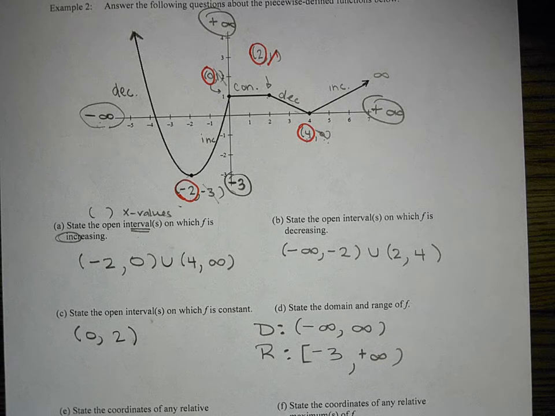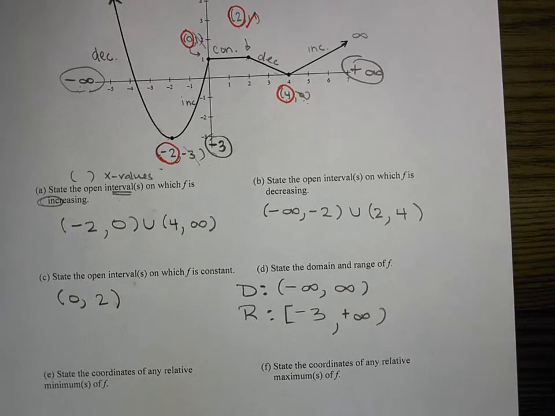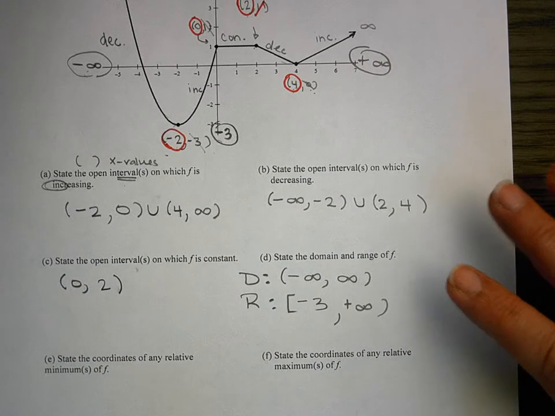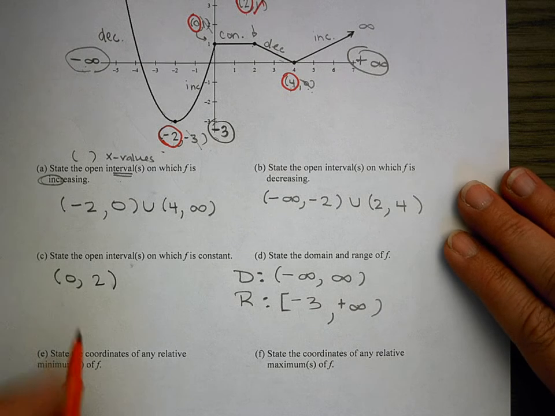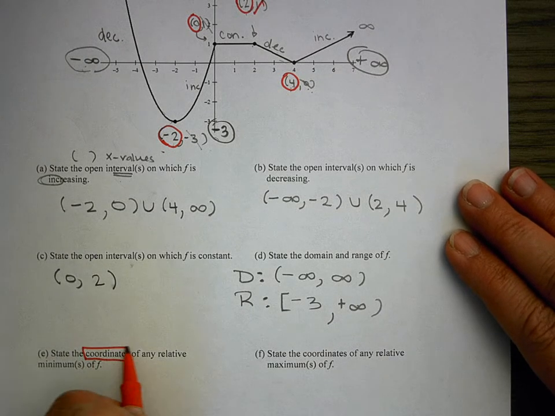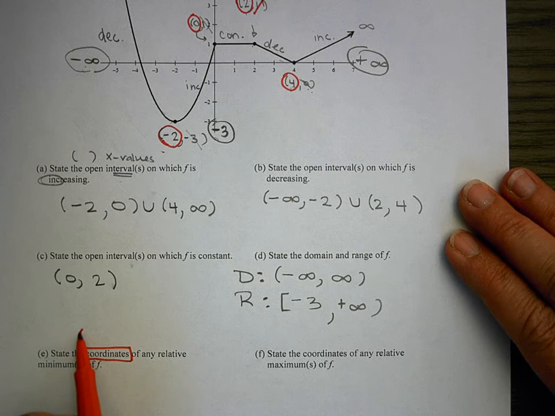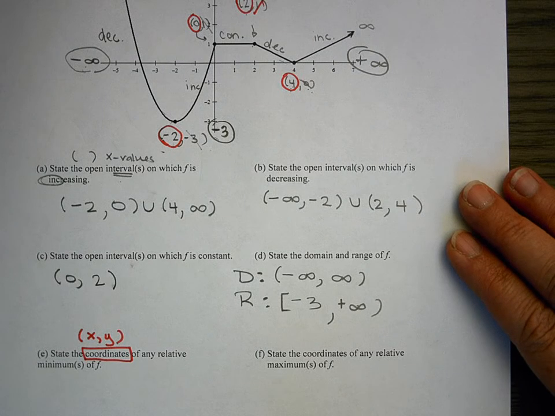For here, we want to find the coordinates. Remember, whenever we talk about coordinates, that's different than intervals. Coordinates are a single point, an ordered pair, so we need an x and a y value. And we're looking for my relative minimum. My relative minimum is where the graph switches from decreasing to increasing.